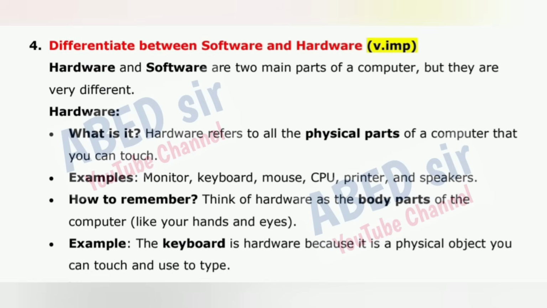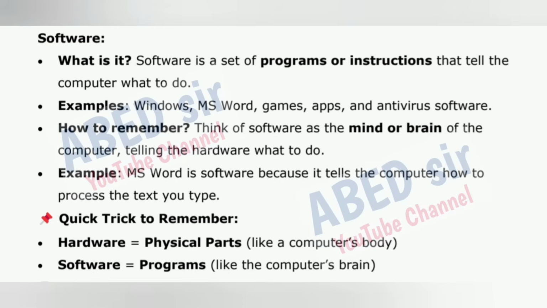How to remember? Think of hardware as the body parts of the computer, like your hands and eyes. Example: the keyboard is hardware because it is a physical object you can touch and use to type. Software. What is it? Software is a set of programs or instructions that tell the computer what to do.